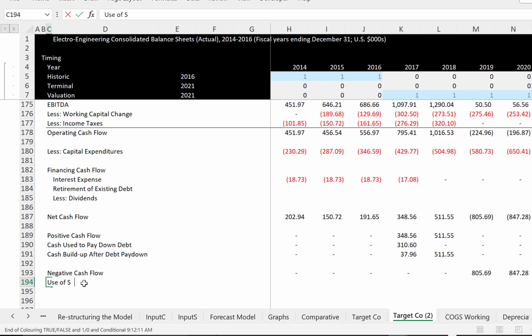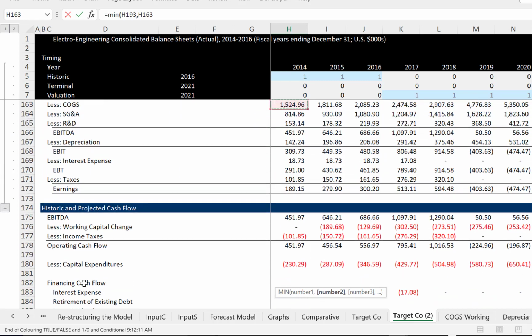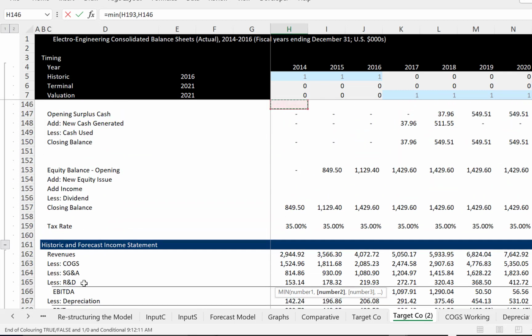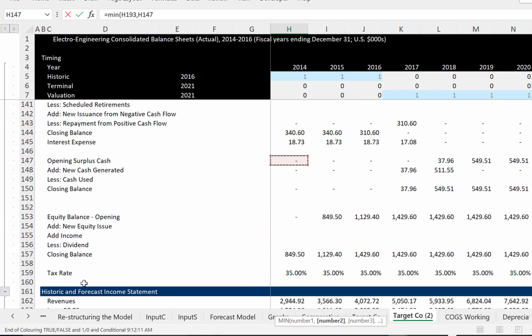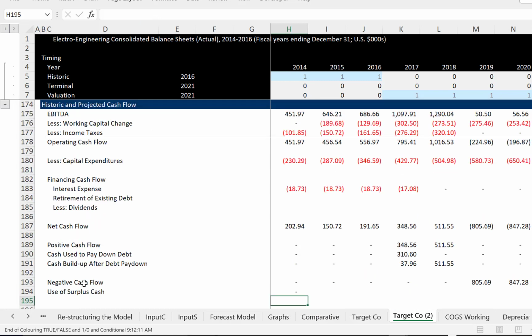Use of surplus cash. So we do the same thing, and we say take the minimum, not this one, put an equal sign, take the minimum of this number or the opening balance of our surplus cash, which was right here. Okay? And we put that in.